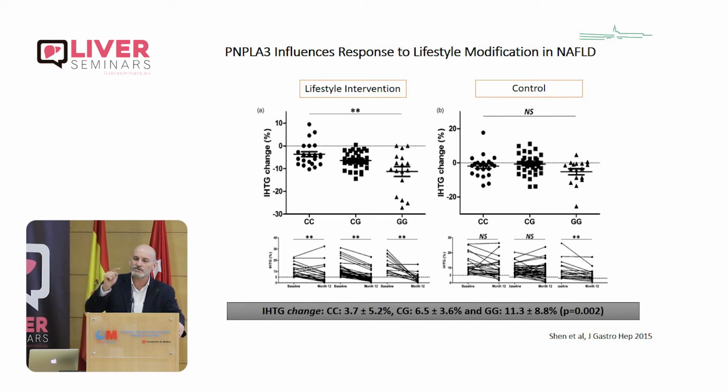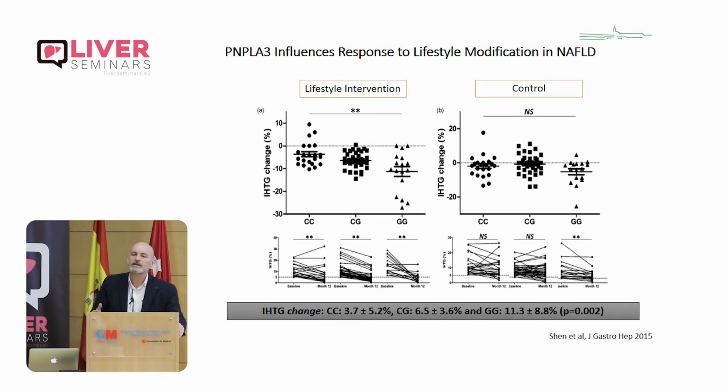When this patient underwent a lifestyle intervention, the response is much better in comparison with patients with the non-unfavorable genotype. With CC, the response is lower in comparison with GG.